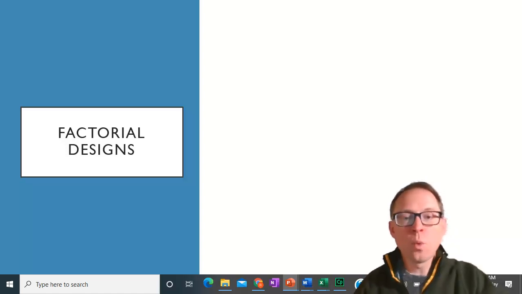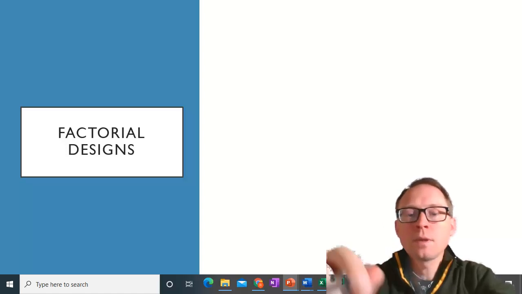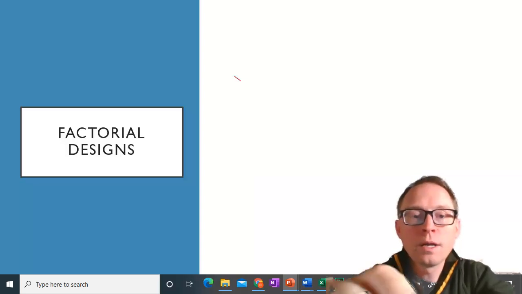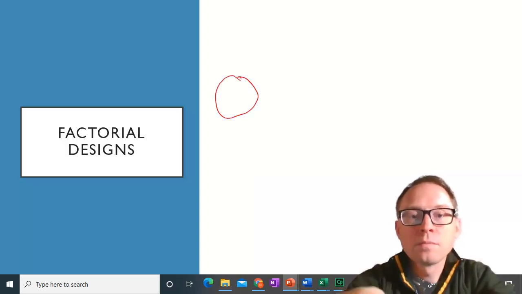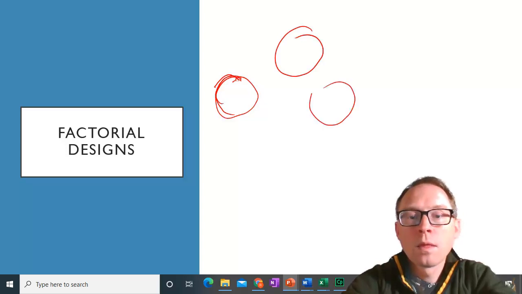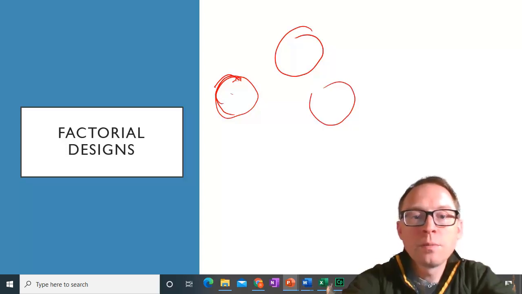So let's just remind you what that looks like. Factorial means that we're going to have more than one independent variable. So this would be an IV, this would be an IV, and this would be a DV.